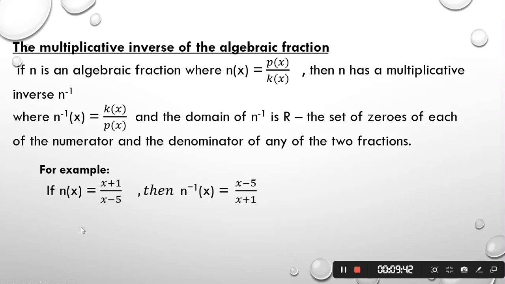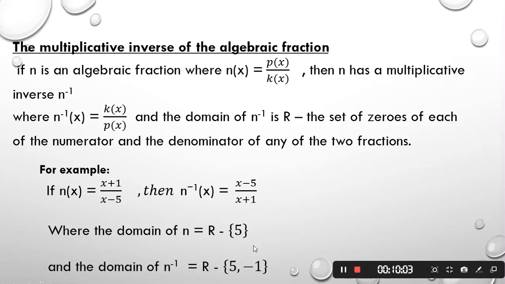Yes, the domain of n is R minus the set of zeros of the denominator, R minus 5. But the domain of n minus 1 is R minus, yes, we look at both the numerator and the denominator: 5 and negative 1.